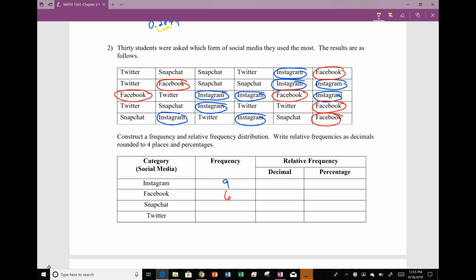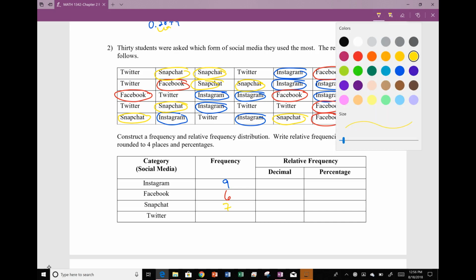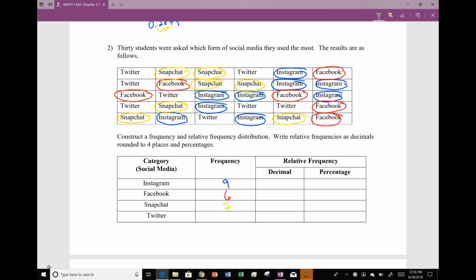Then I'm going to change my color again, just to make it easier on me. Here's 1, 2, 3, 4, 5, 6, 7 students use Snapchat. And we're going to change this color one more time for Twitter.